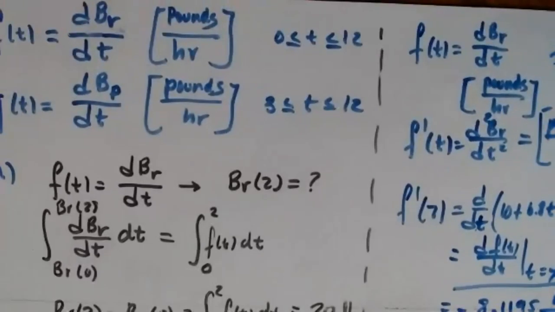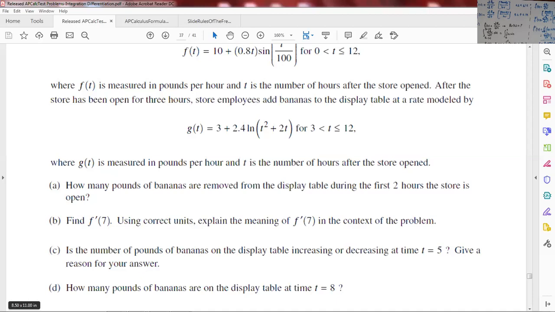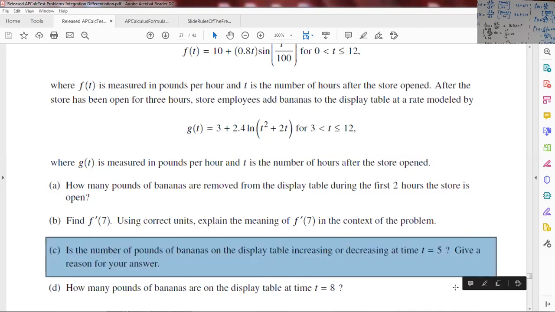Okay. Let me just go to the next question. C is the number of pounds of bananas on the display table increasing or decreasing at time t equals 5? Give a reason for your answer.